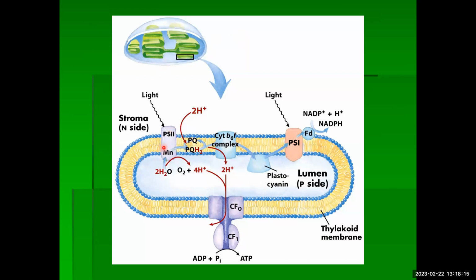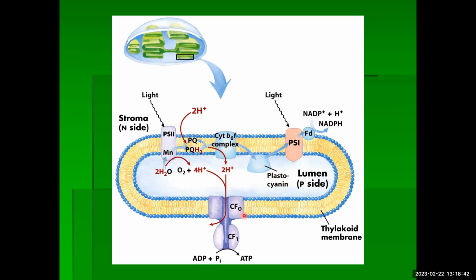So we go from PS2. Those electrons may go to PS1 to re-reduce it. Those electrons can actually be given back to PS2. You can pump protons, or they can be used to make reductant. Either way, you're going to make a proton gradient, an acidic gradient in here.